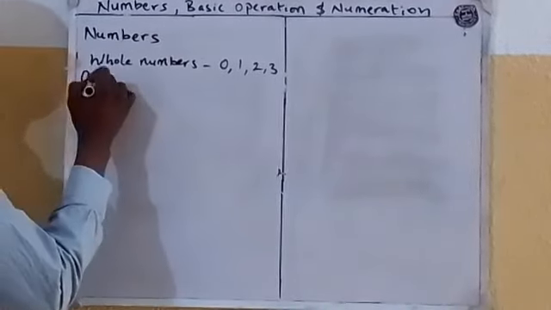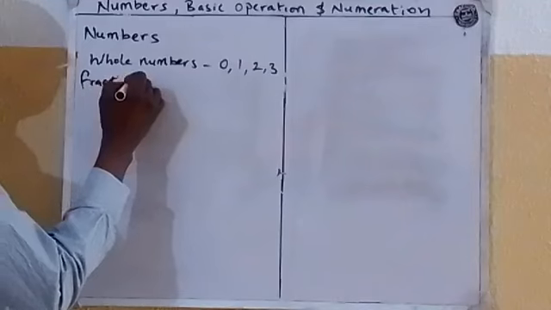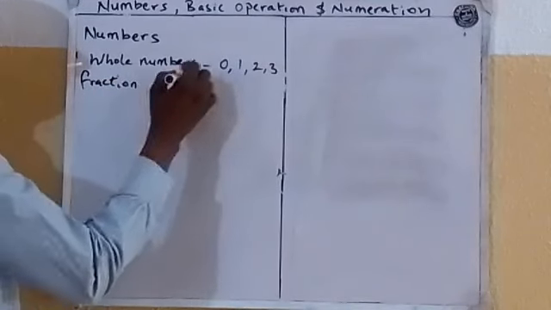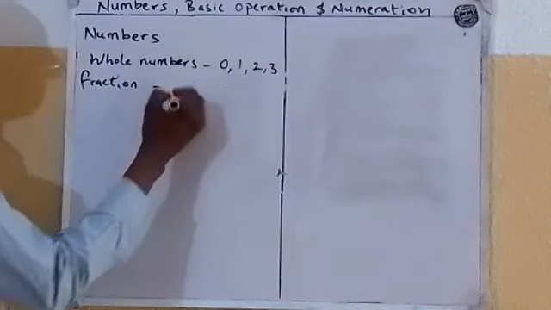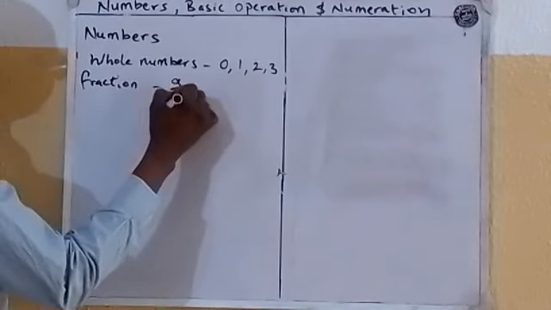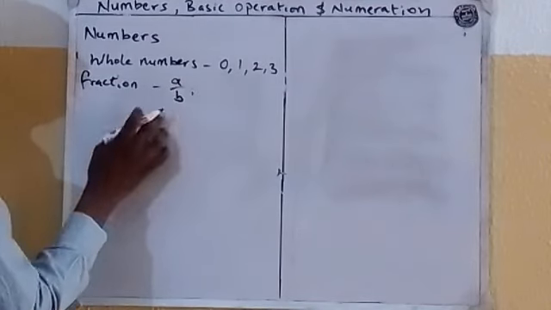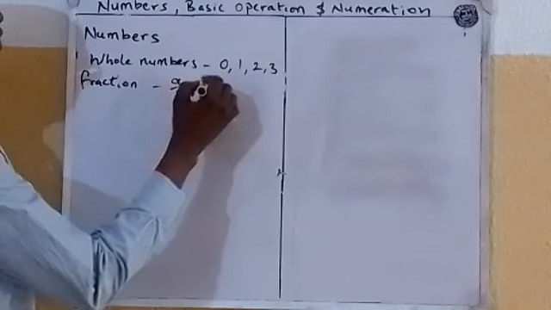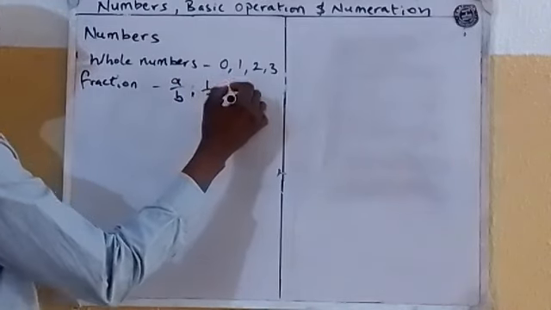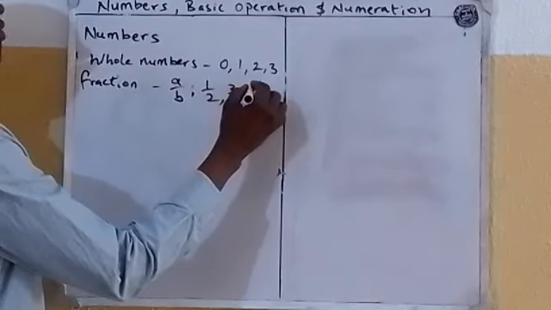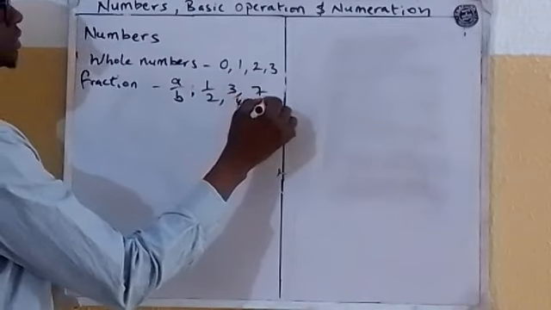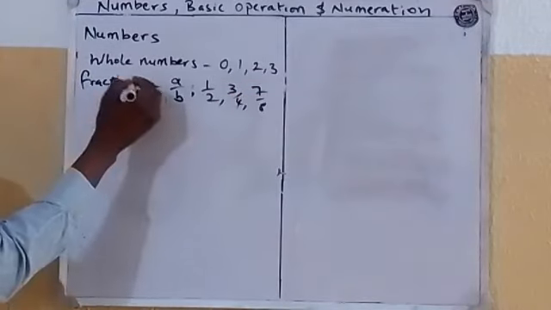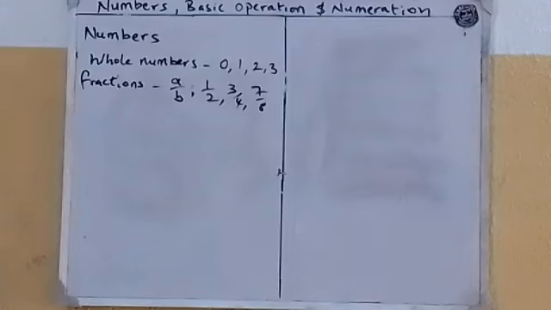We have fractions. A fraction is part of a whole, denoted like this: A over B, where A is the numerator and B is the denominator. Examples include 1 over 2, 3 over 4, 7 over 8. We'll talk about fractions when we come to that part.